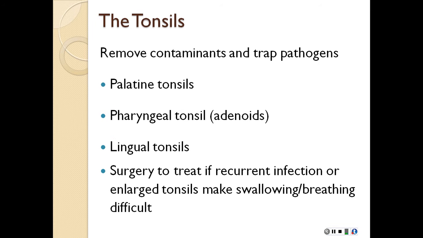The tonsils are also lymphoid tissues, and they remove contaminants and trap pathogens. So you have the palatine tonsils, the pharyngeal and lingual tonsils, and they're kind of in a circular shape behind the throat, in the back of the throat. Why do you think that would be a good place to have lymphoid tissue? Tissues that fight infection. Exactly.